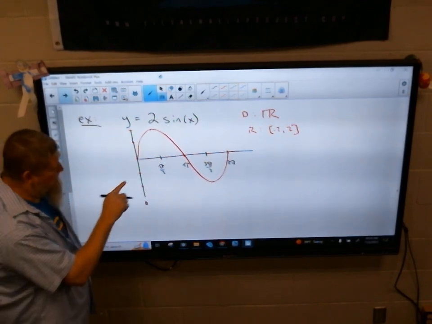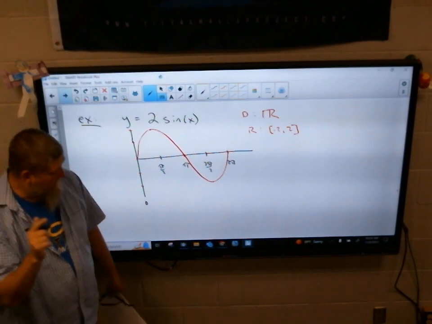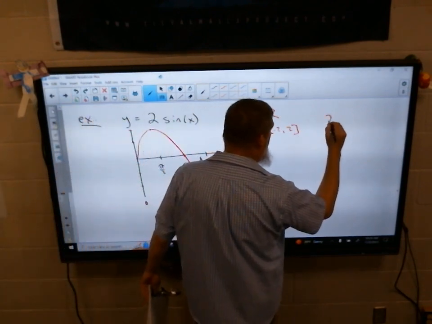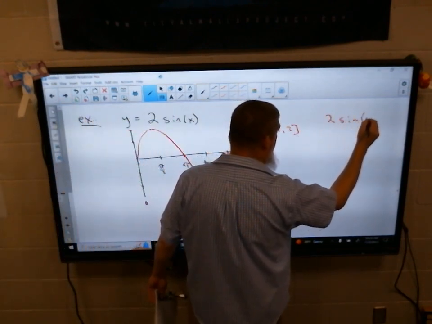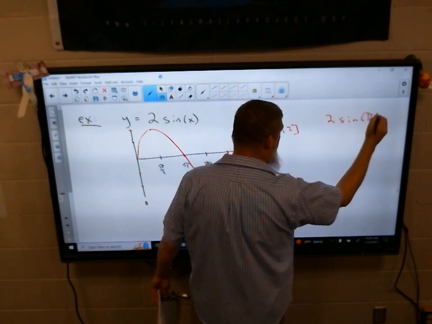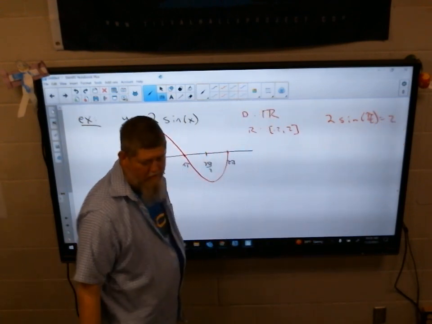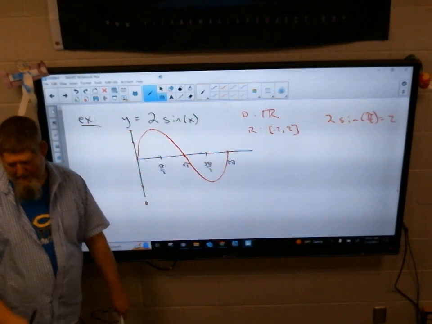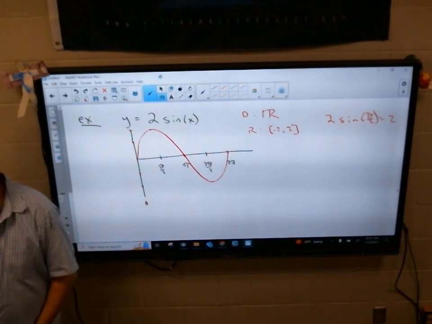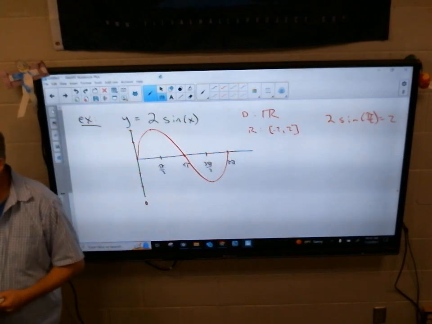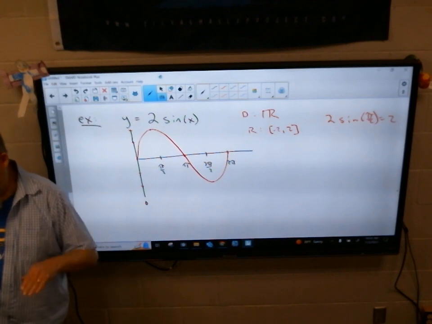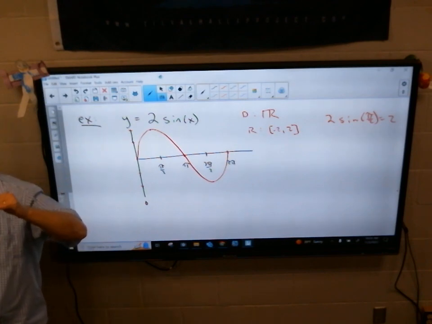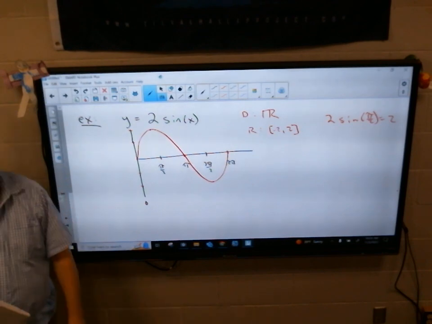But in this case, 2 is included because 2 times the sine of pi over 2 equals 2. So because I actually have a value, I put a bracket.